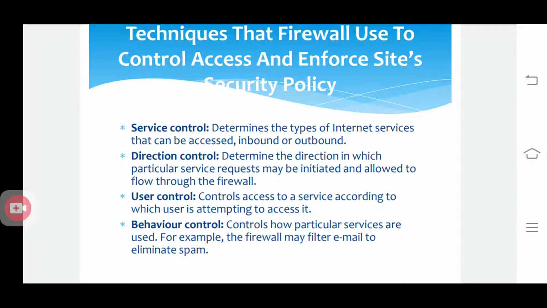User control means it controls access to a service according to which user is attempting to access it. Also, it controls behavior, like how a particular service can be used. So these are all the techniques that a firewall uses to control access and enforce site security policies.